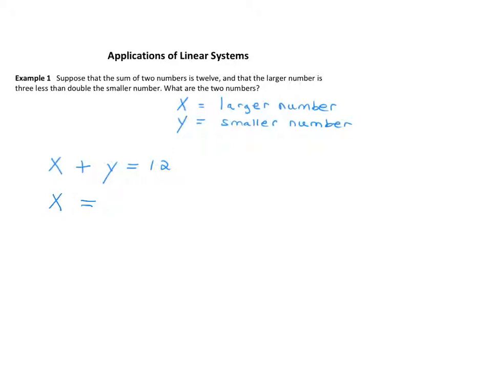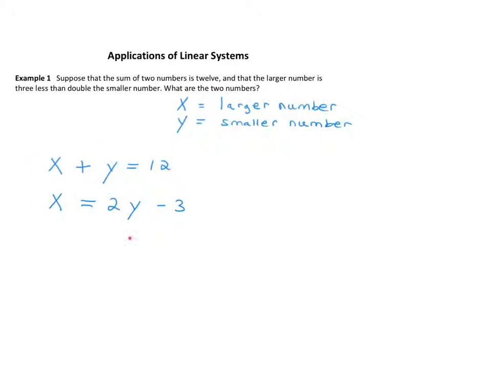If I'm 3 less than something, it means I'm subtracting 3 as my last step. And it's 3 less than double my smaller number, so I've got to be a little bit careful here, but this would be my second equation. The larger number is 3 less than double the smaller number. So basically, I would multiply first and then subtract.